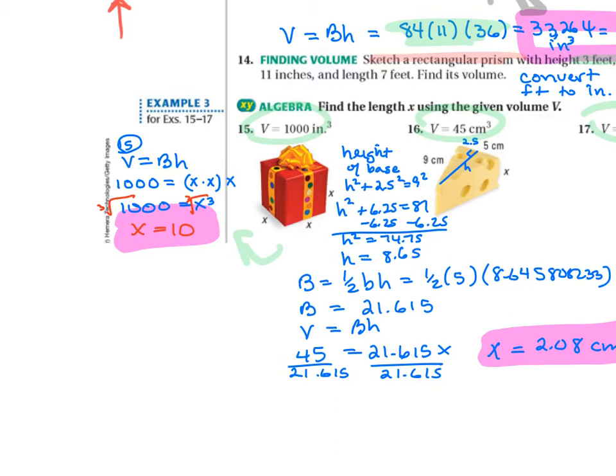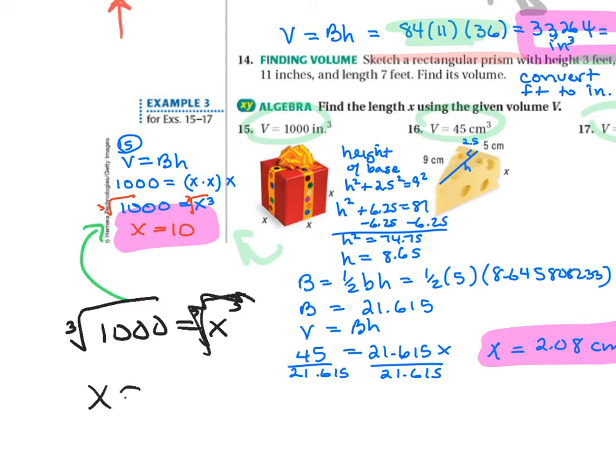So what we need to do here is set 1,000 equal to x times x times x. And then when we go to solve this, what we're solving is 1,000 is equal to x to the 3rd power. To solve this, we have to cube root both sides. And then we had to figure out what number times itself 3 times gives me 1,000, and that would be 10.